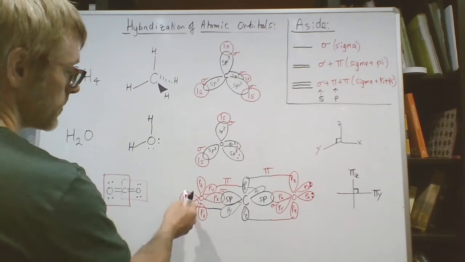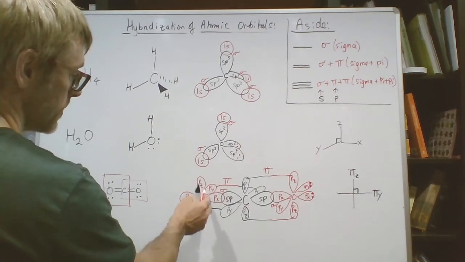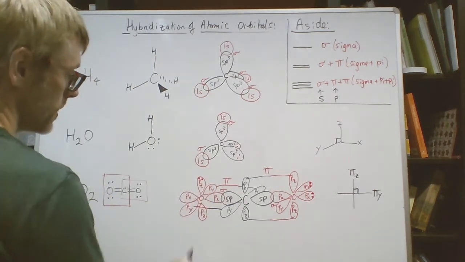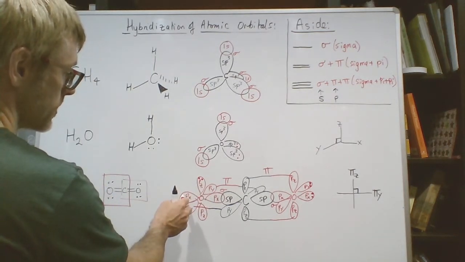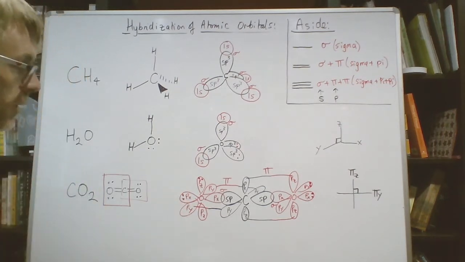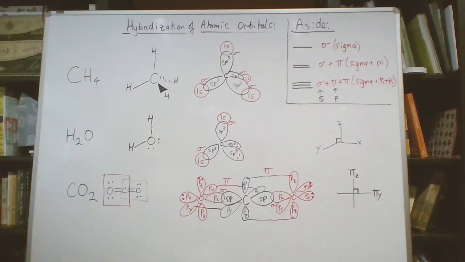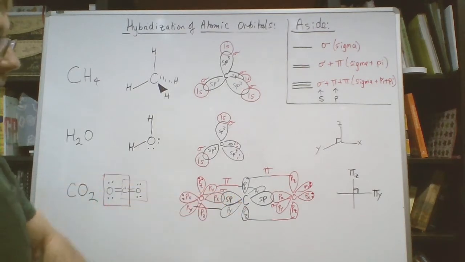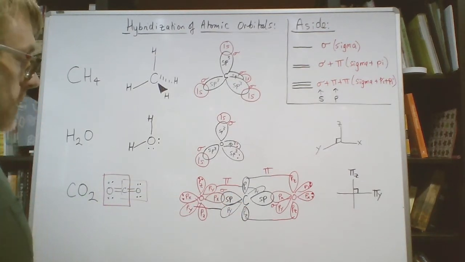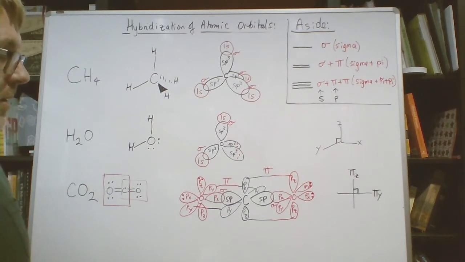And on this side of the structure, again, I'm not using my pz, so I could have a lone pair here, and I can use what's left of my px. These get pretty complicated when you draw them, but it's a good idea to practice drawing them so that you can interpret them when you see them.